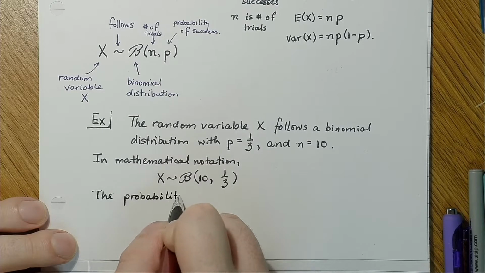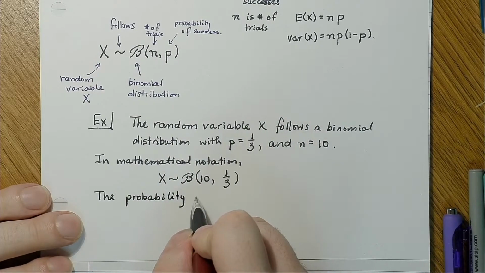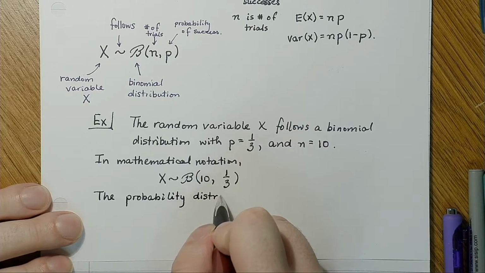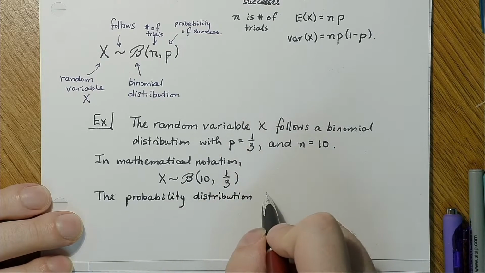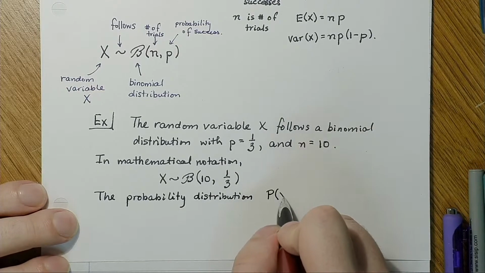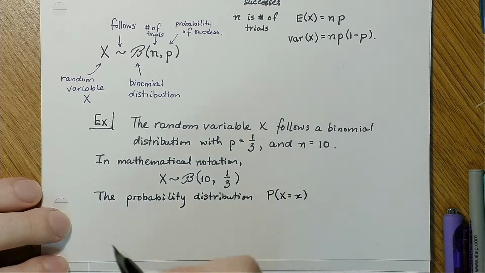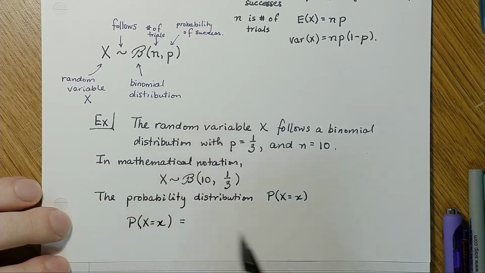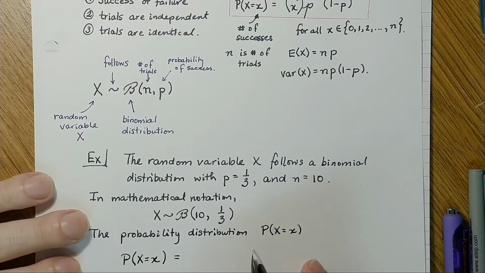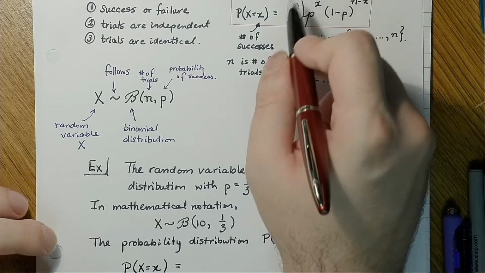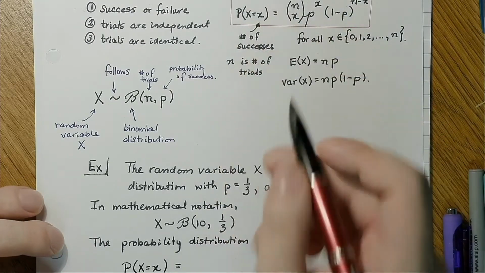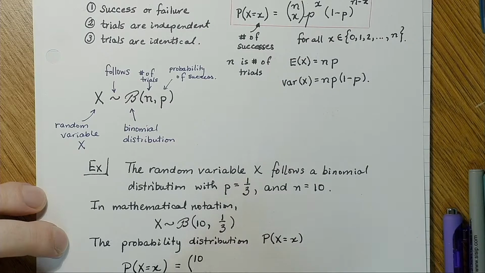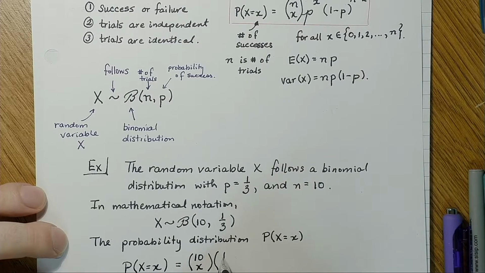And the probability distribution P of X equals little x. So what we can do is use our formula that we have up here. We know that our n is 10, so it's 10 choose x times the probability of success, which is 1/3, to the x.